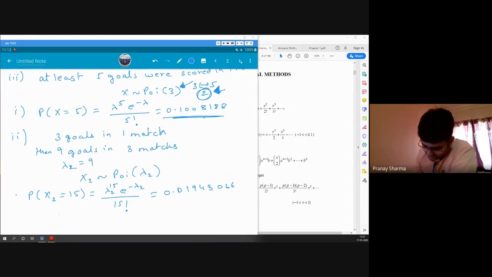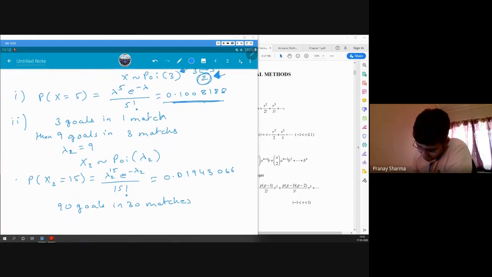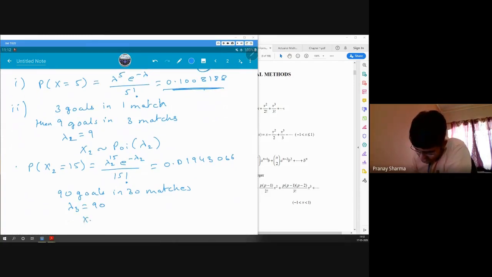But if I need to calculate, in 30 matches, I will have 90 goals average. So our lambda 3 becomes 90. Our x3 will be Poisson lambda 3.